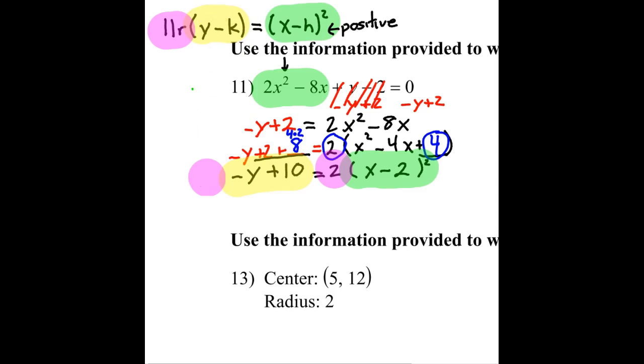There we go. So the way we're going to do that is just divide both sides by 2. So that's the same as multiplying by a half, by the way. So what I'm going to do is rewrite this like so.